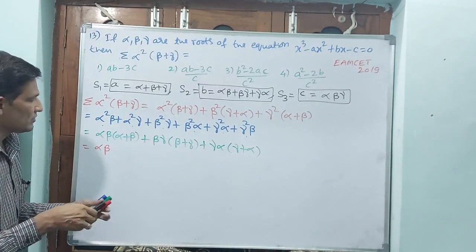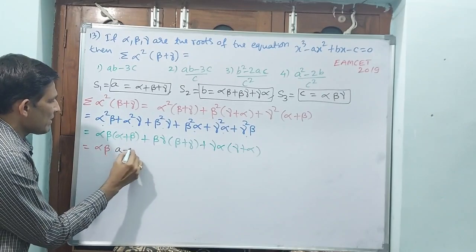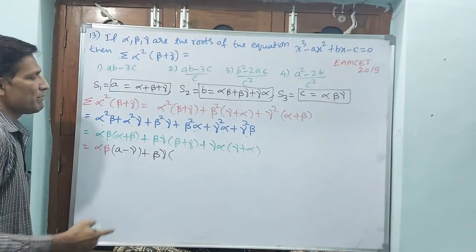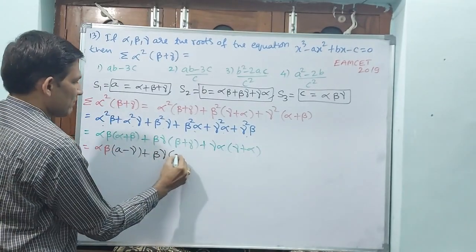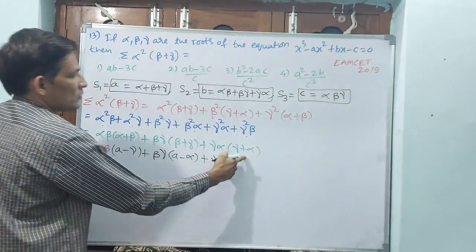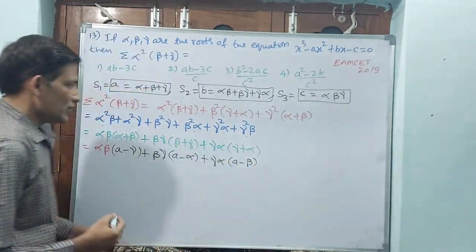Okay, now you see alpha plus beta is equal to A minus gamma. A minus gamma plus beta gamma, you write like this only. Beta plus gamma is equal to A minus alpha, plus gamma alpha is equal to A minus beta. Is it okay? Yes.